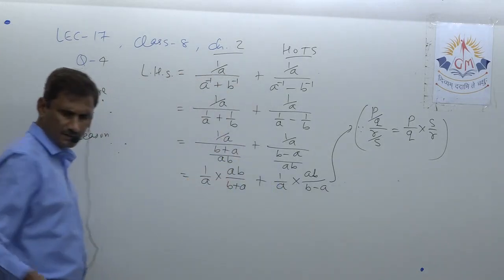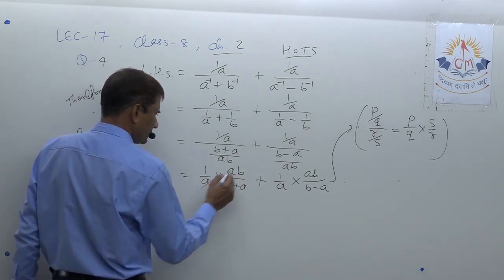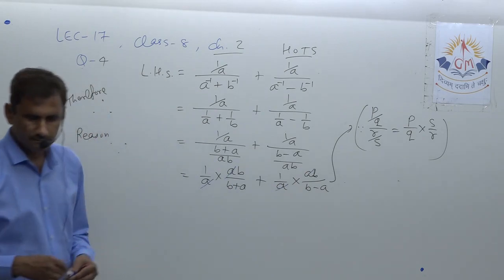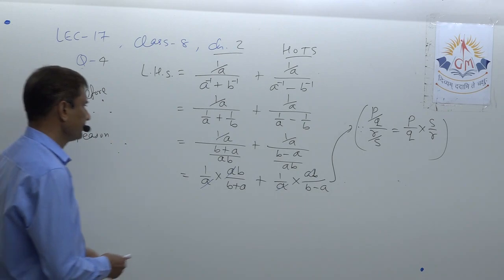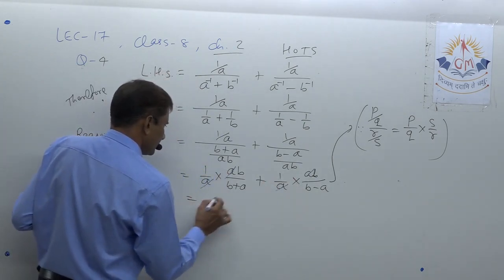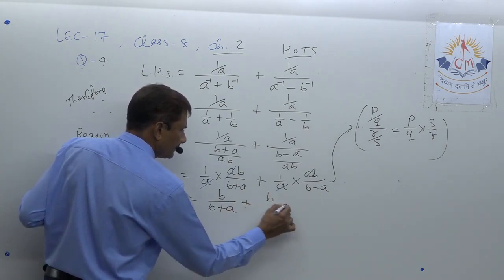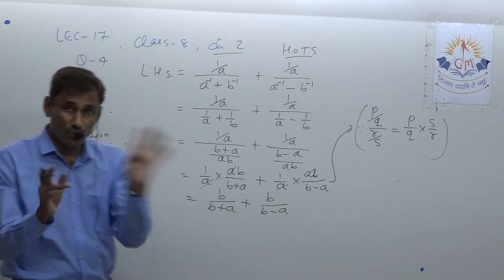Okay, now let's again come to this step. A cancels out, again A cancels out. Whatever is left is here B plus A. Again one thing I remind you here, after cutting, whatever is left, just write it once, do not go ahead.